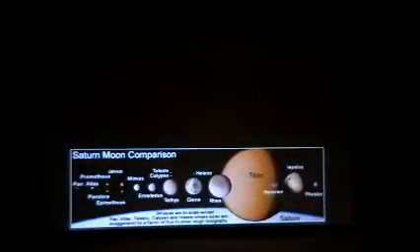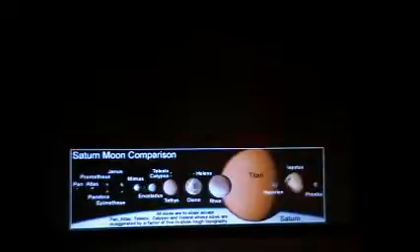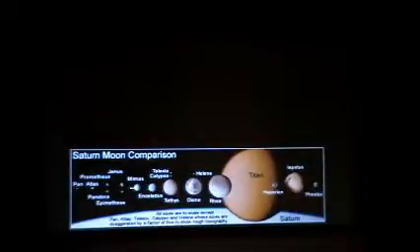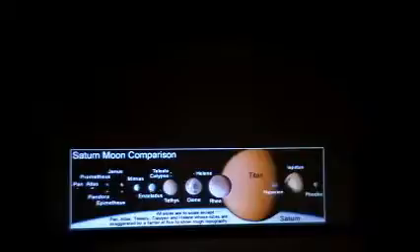In other words, they keep one face toward Saturn at all times. And there's a comparison of the sizes of them there. Like I said, look at the size of Titan compared to these nearer ones. But Enceladus is the second major moon past the planet, Mimas being the first one.